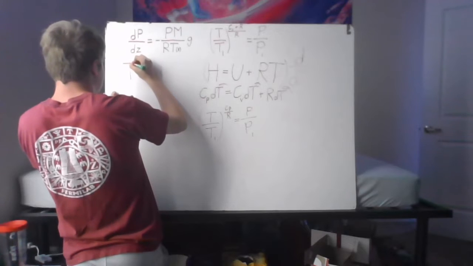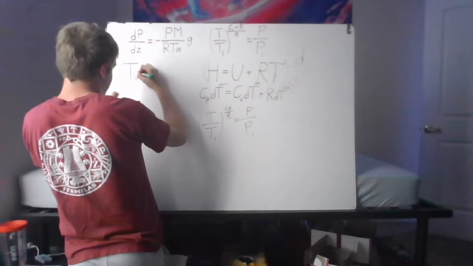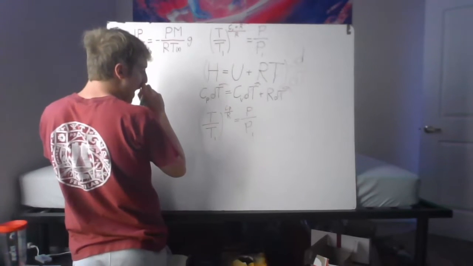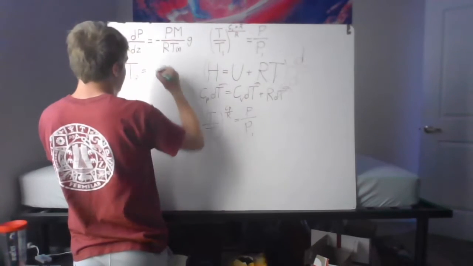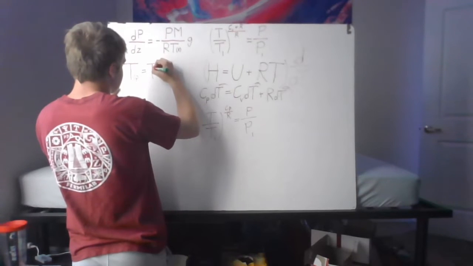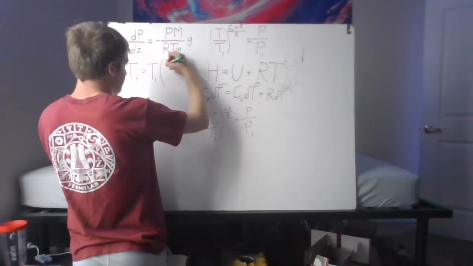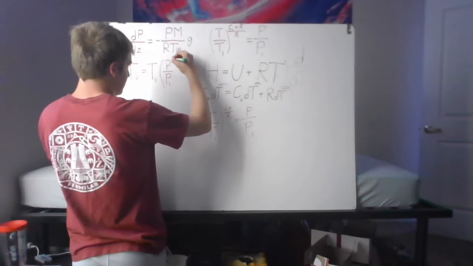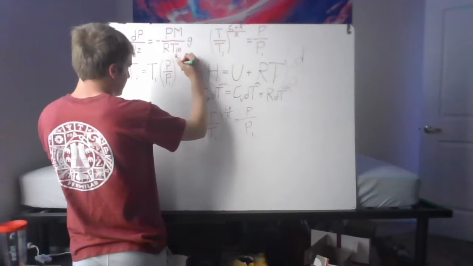T for some pressure is going to be equal to, if we flip this exponent over to the other side and then multiply by T1, T1 times P over P1 to the R over Cp.